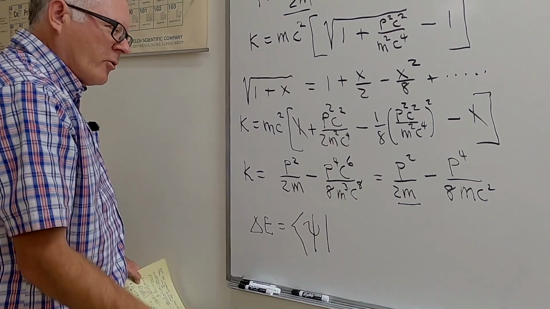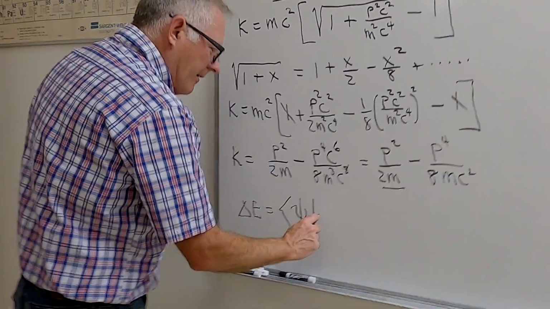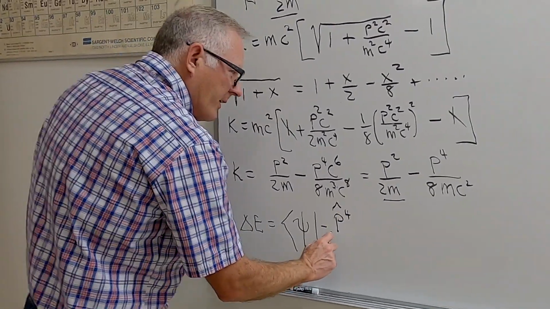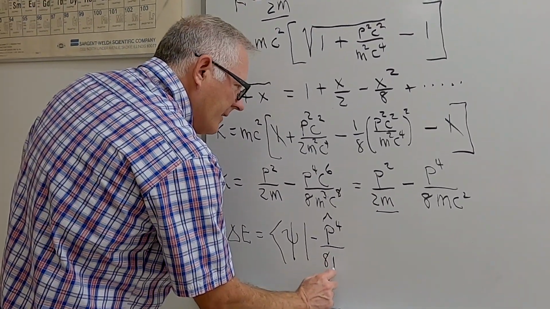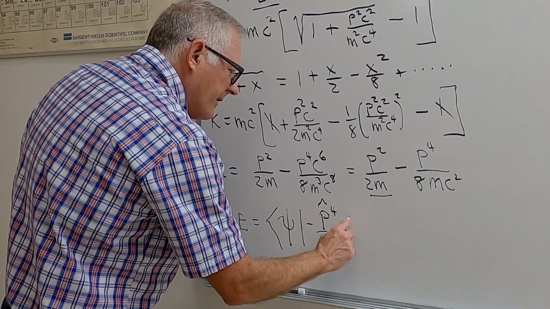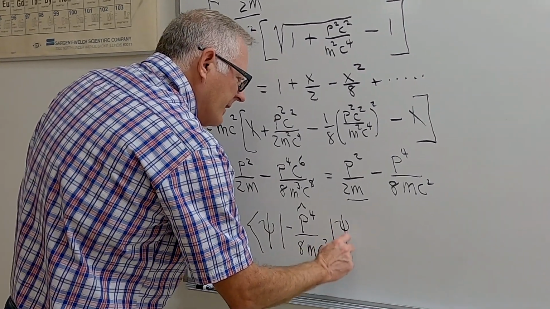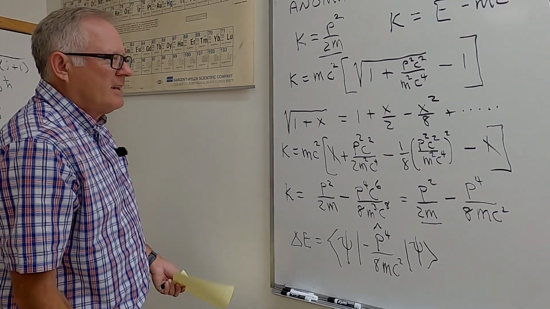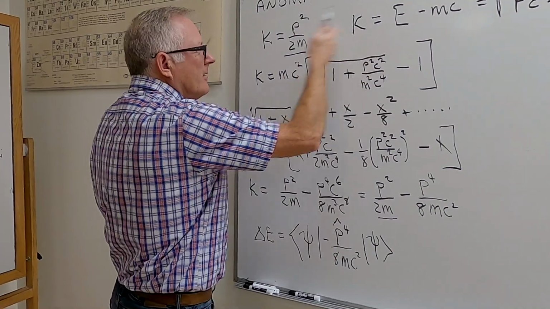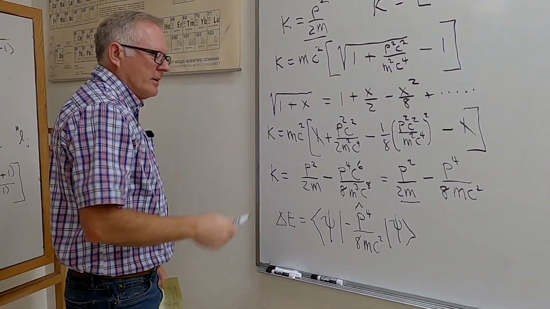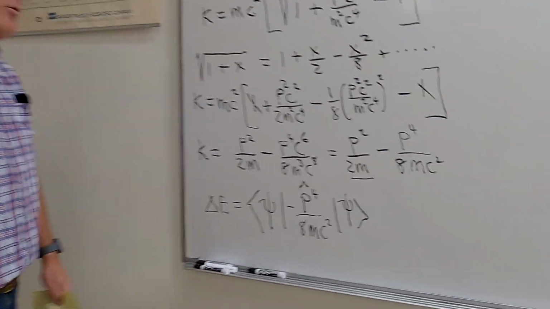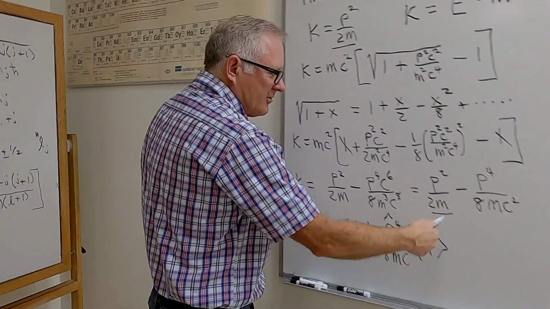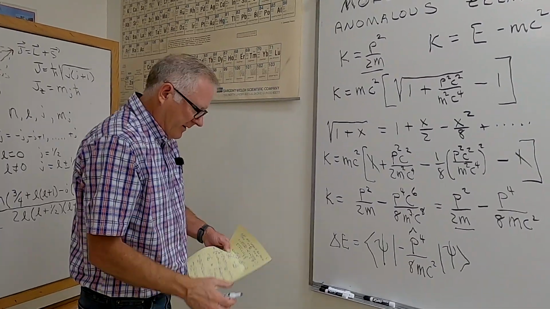We put our correcting term in between psi, which is just that, minus p to the fourth, I guess it's the operator, all over 8 m cubed c squared, psi. And that would be the correction due to our incorrect kinetic energy using the classical expression, right? This would be the first correction. If we wanted to get it totally correct, we would take all the terms, but this is enough terms. The next term is just too small to matter right here.